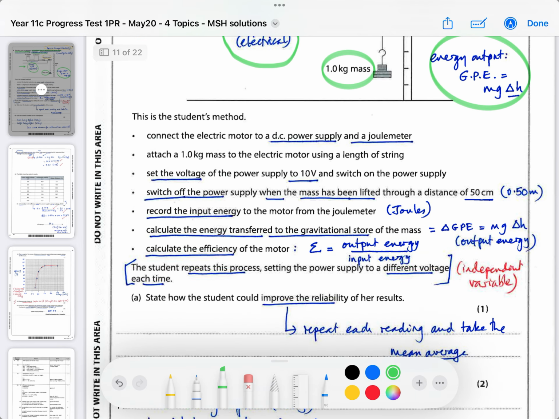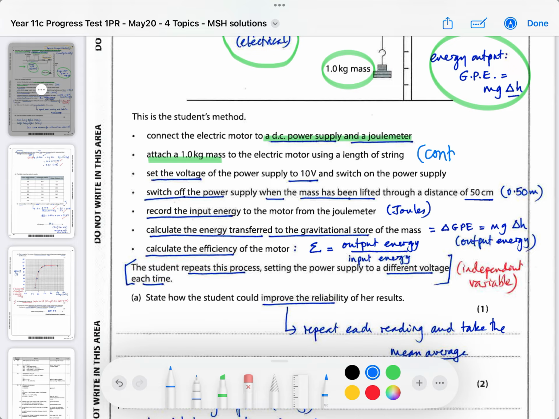So here's the student's method. You need to read through the student's method to understand what they're doing. They're using a DC power supply, because remember, you just studied electric motors. You need DC power for an electric motor to make sure that it's always rotating in the same direction. They have attached a 1 kilogram mass, so that's a controlled variable. You need to know your variables.